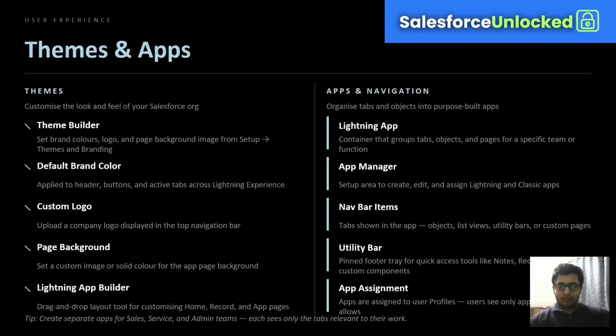I will go through all these features in the Salesforce org and show you how it works. But before that, there is a tip at the bottom of this slide, which is a practical recommendation every admin should follow, which is to create separate apps for sales, service, and admin teams at minimum, so that each app should contain only the tabs that the team actually uses.